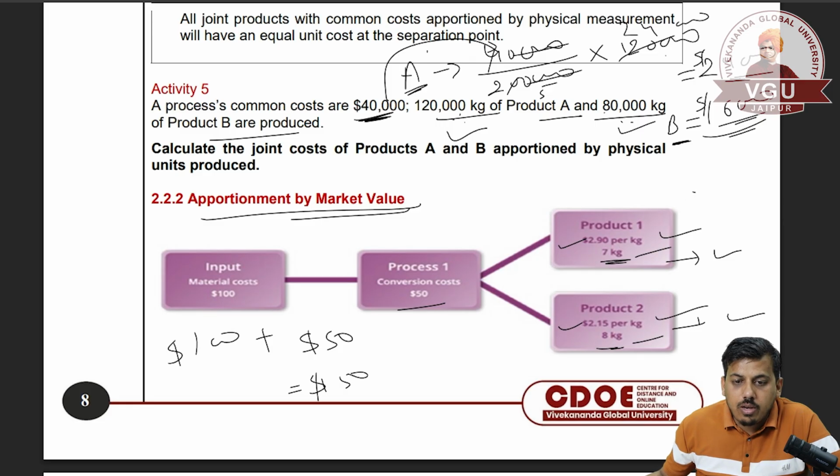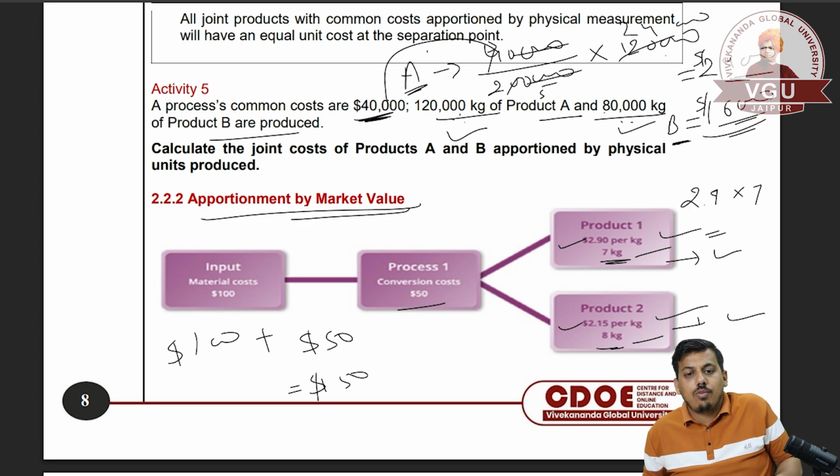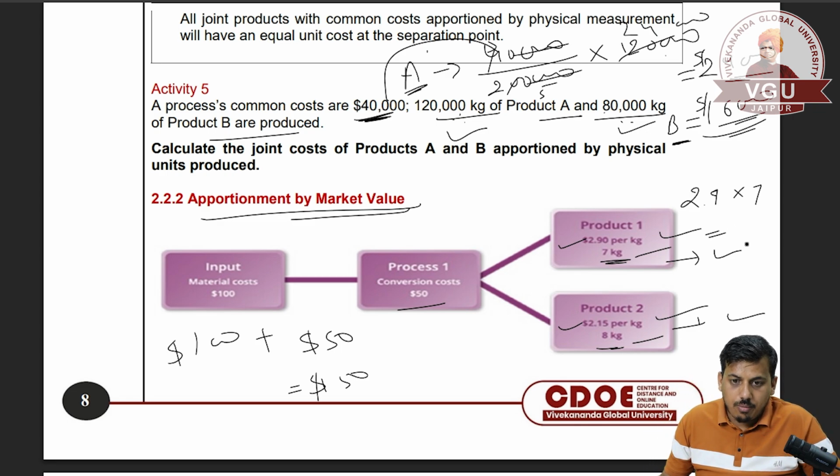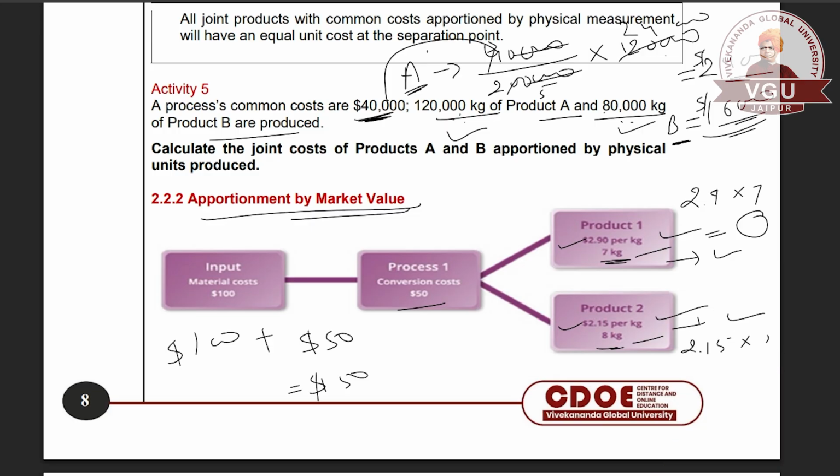In the same way, 2.15 multiplied by 8 will be the total value of product B. So 2.9 multiplied by 7 is 20.3, and 2.15 multiplied by 8 is 17.2.